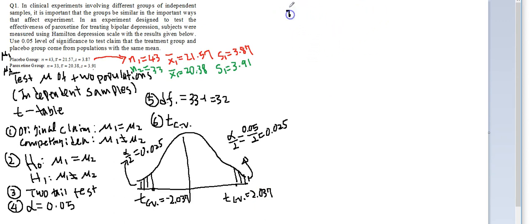Now number 7, we'll have to find the test statistic. Remember the two population test statistic is a little bit different from the one population test statistic, and you will need to go back to that insert and use the two population test statistic for independent sample.